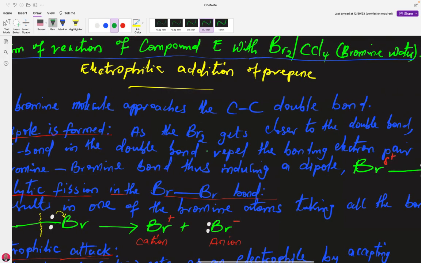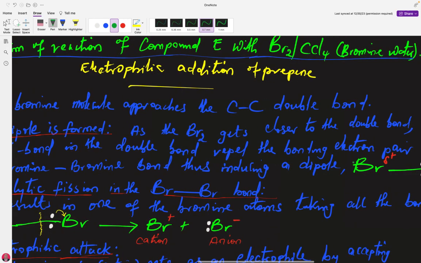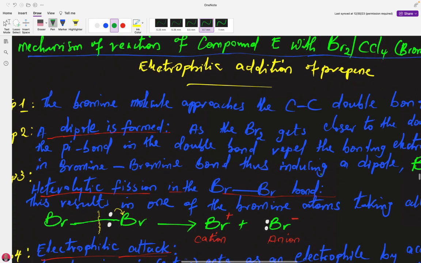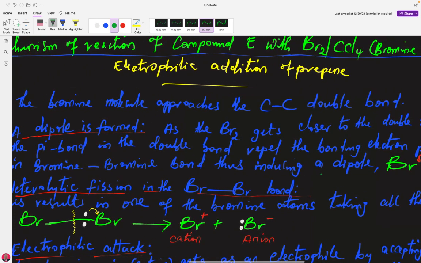So what is happening here, for the purpose of revision: as the bromine molecule gets closer to the double bond of the alkene, the pi bond in the double bond repels the bonding electron pair in the bromine molecule, thus inducing a dipole. How is the dipole formed?